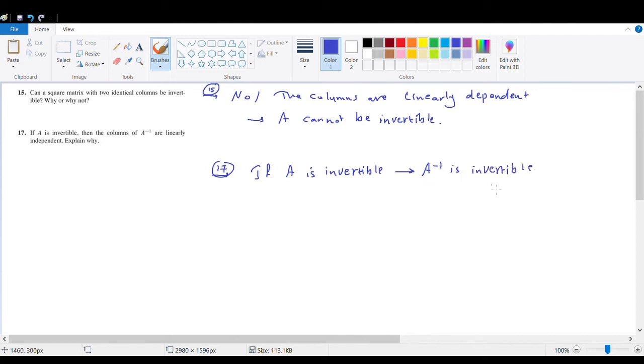Since A inverse is invertible, the columns of A inverse should be linearly independent, using the theorem.